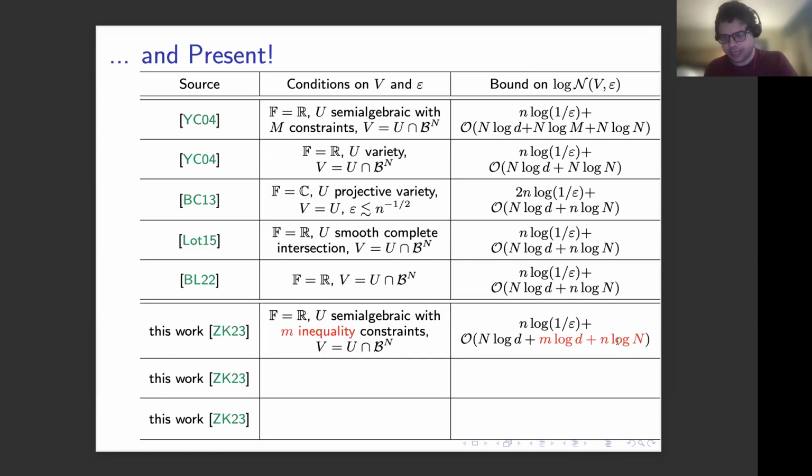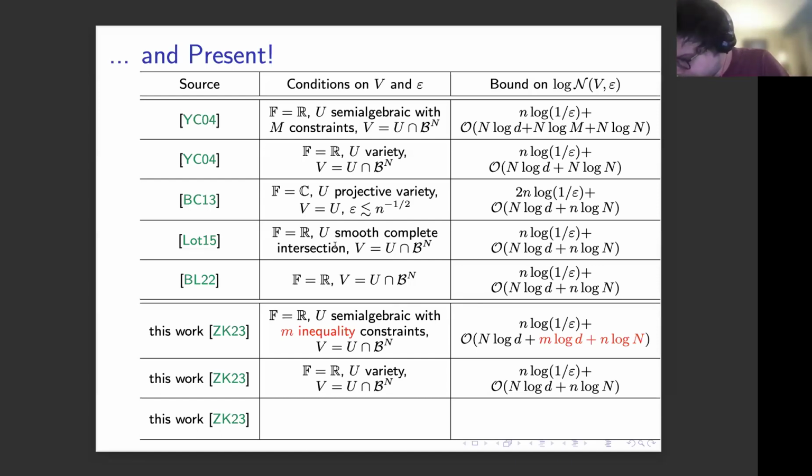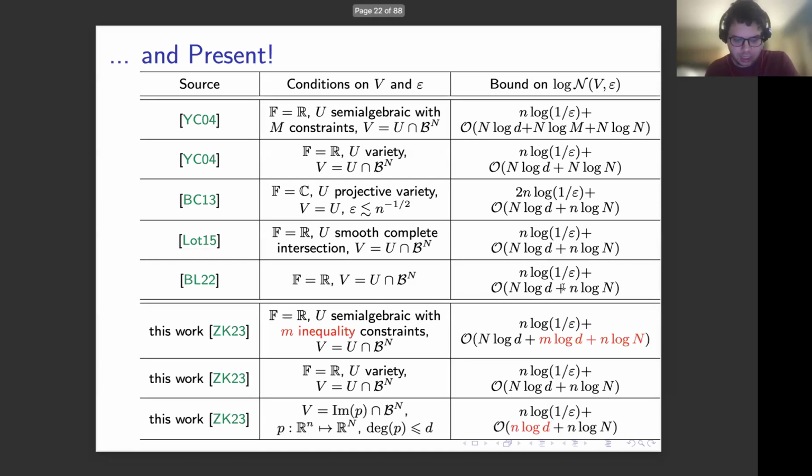In particular, there's a little n times log capital N, so there's an improvement there. For the variety case, we match Basu and Lerario's result in order, but by a completely different and arguably much simpler argument.